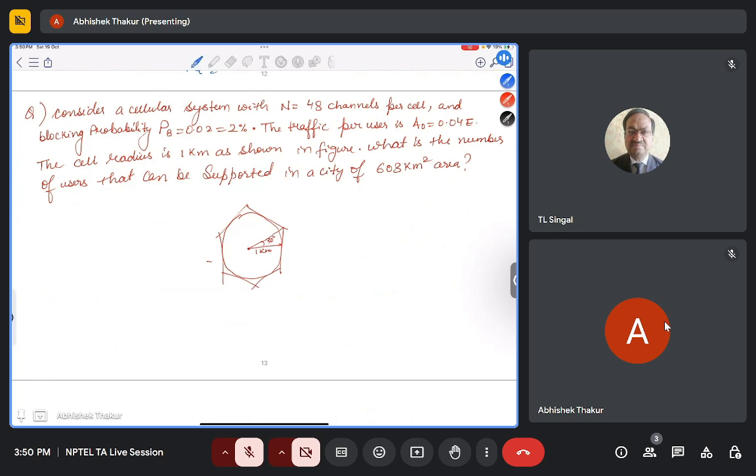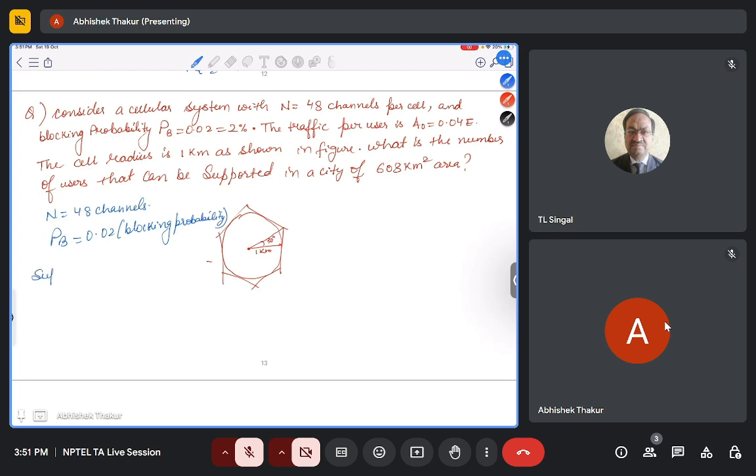Here it is given n is equal to 48 channels, and the blocking probability PB is given as 0.02. And we have to find the net offered load or supported traffic.